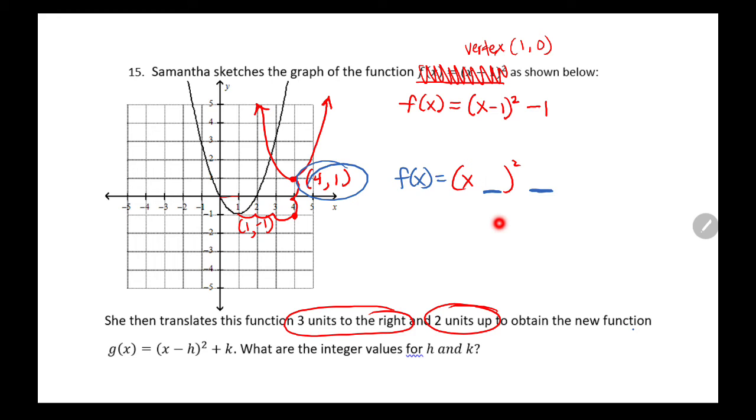Well, we should get a -4 and a +1. That would give me a vertex that is correct of +4 and +1. Nice. So really, to do this problem, you need to shift as instructed and then write an equation based on the new vertex.